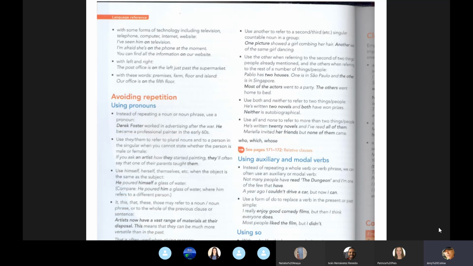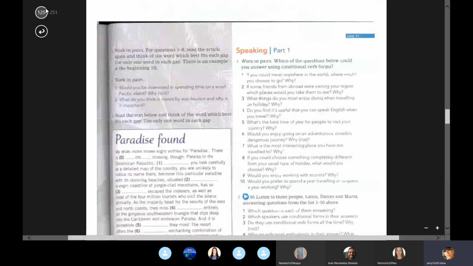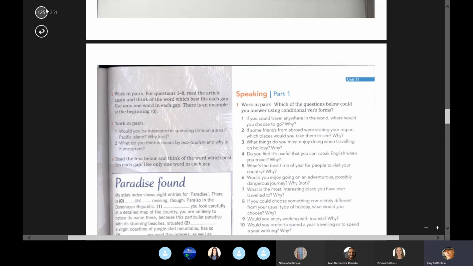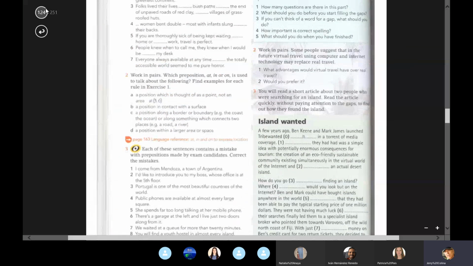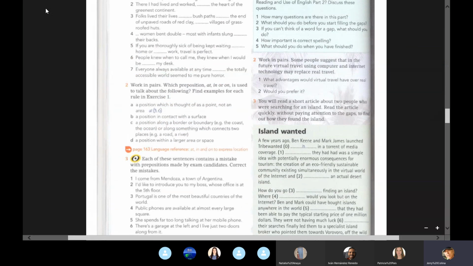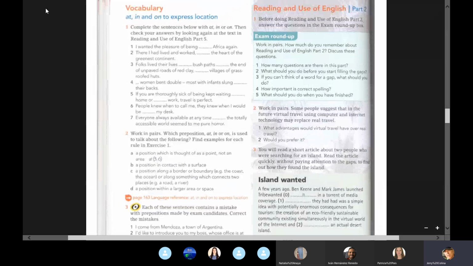Now we are going to page number 124 in our beautiful book, page 124. And we are going to do exercise 1, vocabulary: add, in, and on to express location.